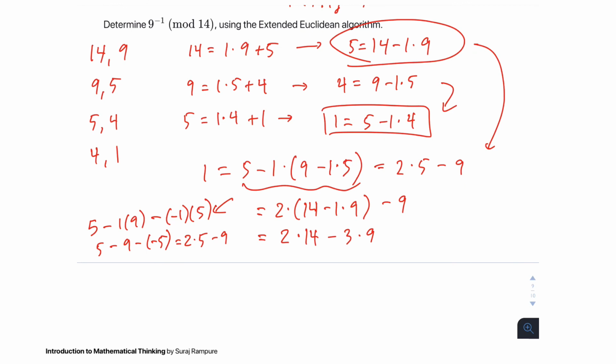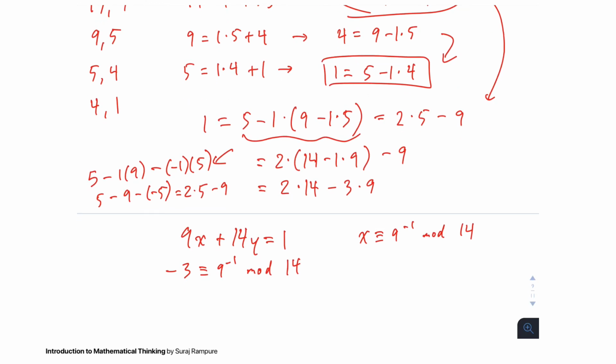We wanted to write 9x plus 14y is equal to 1, and that would tell us that x is the inverse of 9 in mod 14. So here, what's the value of x we found? -3, right? Because that's the coefficient on 9. So we have that -3 is the inverse of 9 in mod 14.